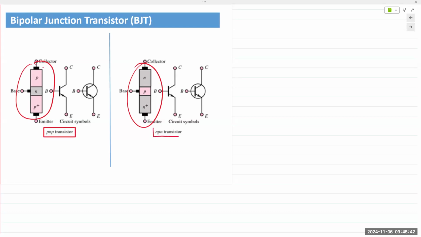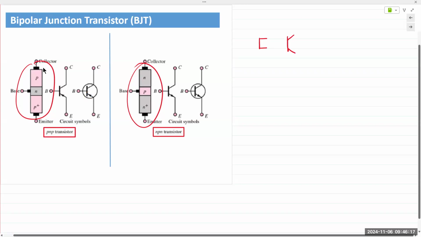If the common region is P, then you have an NPN transistor. We will primarily look at the NPN transistor. The symbol for a MOSFET has straight lines, whereas the symbol for a BJT has angled lines. If the arrow is coming out, it's an NPN transistor. If the arrow is going in, it's a PNP transistor. This is indicating the direction of the current flow.